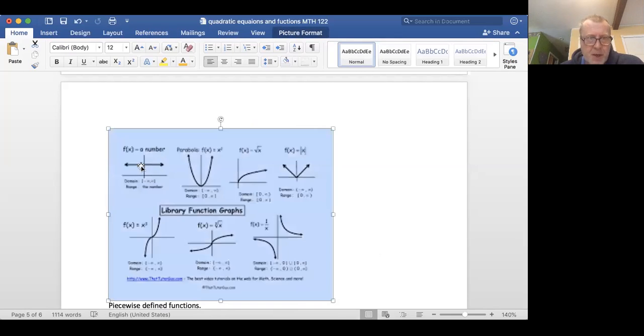We have a function f of x equals a number. It's just a horizontal line. We have the parabolic function, which is f of x equals x squared. We have the square root function. The absolute value function looks like a v. We have the cubic function. We have the cube root function.